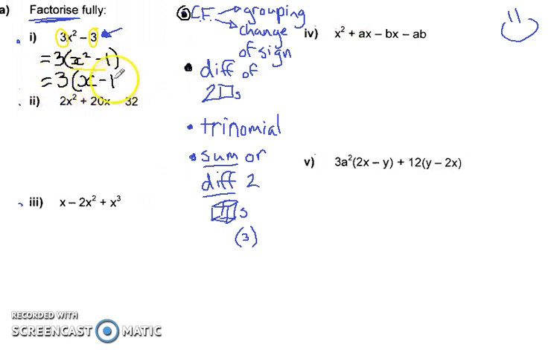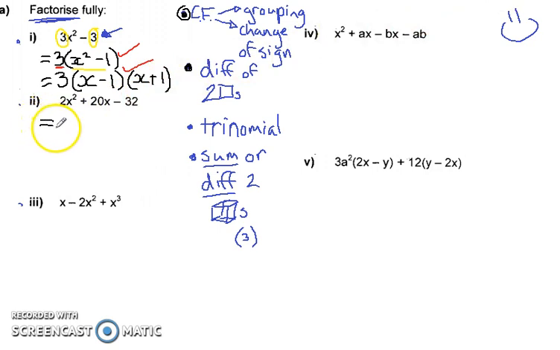X minus 1 and x plus 1. And there we go. If I were to mark this, I would say 1 mark for taking out 3 as a common factor, and 1 or maybe 2 for doing a sum and a difference of two squares at least. So it could be as much as 3 marks, but it's probably only going to be 2.